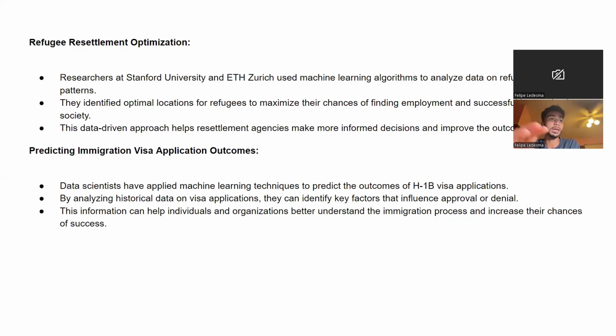That information was added to the cloud, to different databases. And then those researchers, through the data science process, created an algorithm that analyzes that data. This helps to identify optimal locations for refugees to maximize their chances of finding employment and successful integration into society. I don't know if you remember the example of the coffee shop in the libraries. It's very similar.